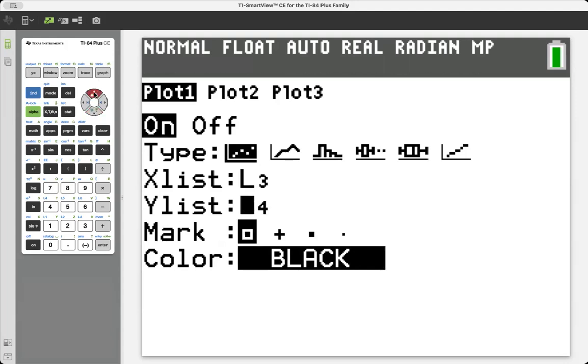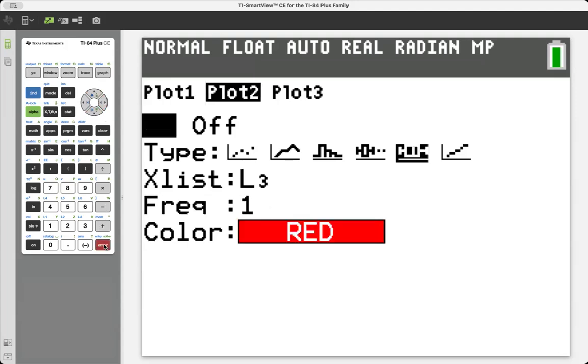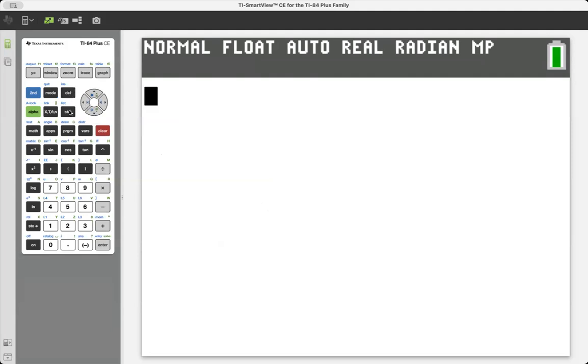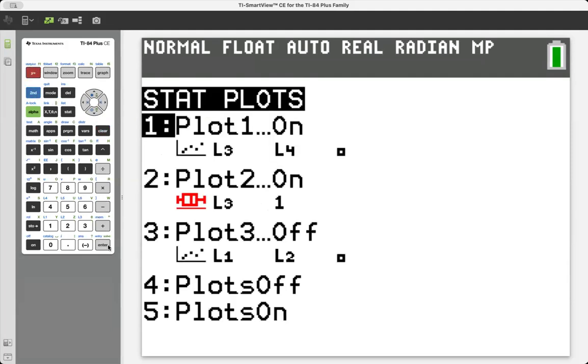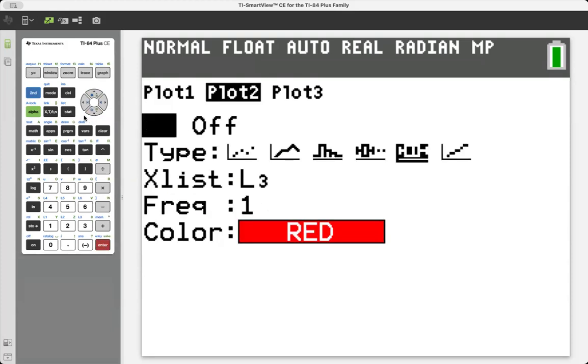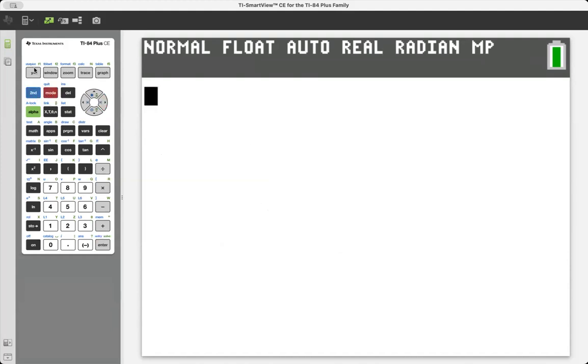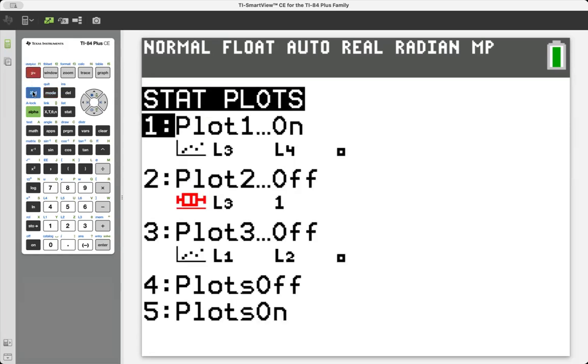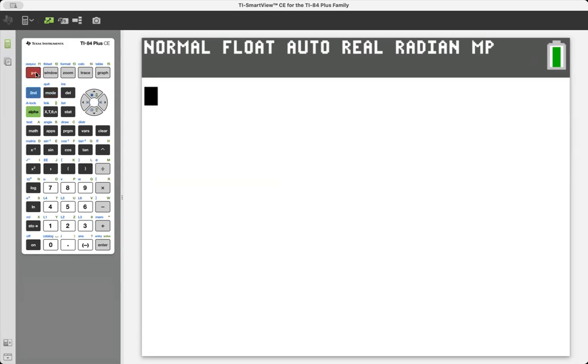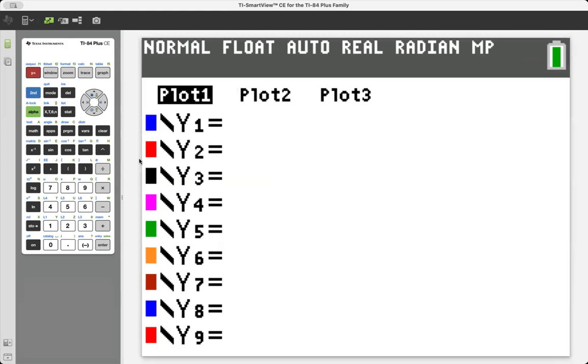I think the other plots were on, so let me make sure I turn those off. Let me turn this one off. I'm going to turn number 2 off. Okay, and in y equals, let me just make sure that's good.